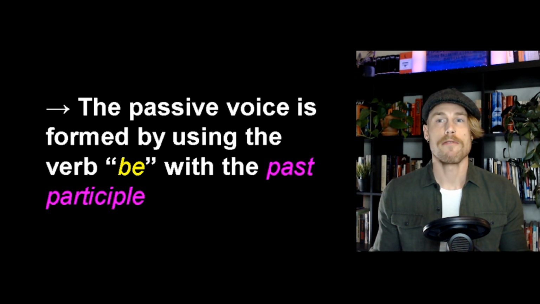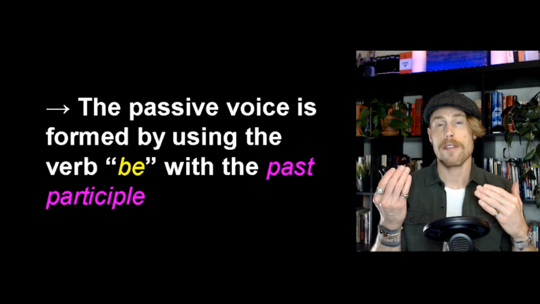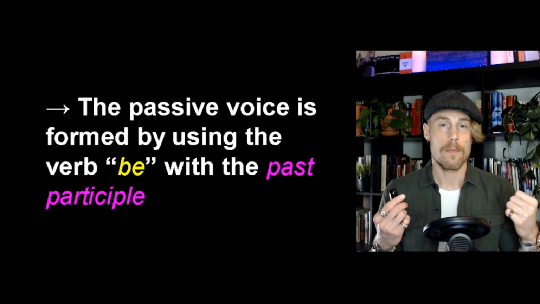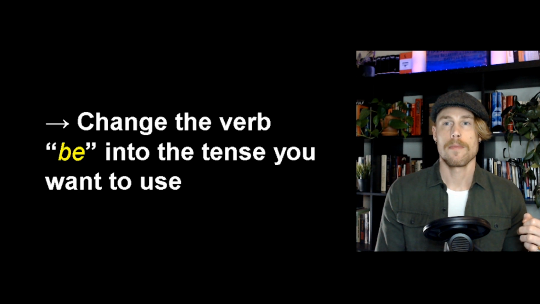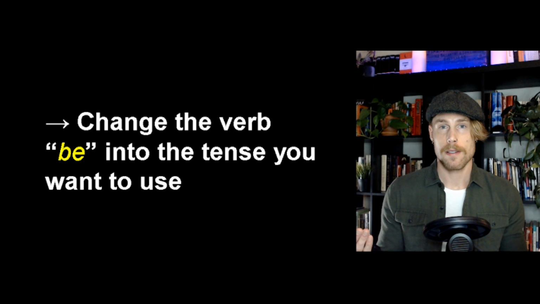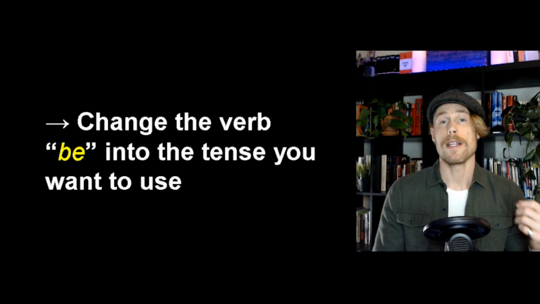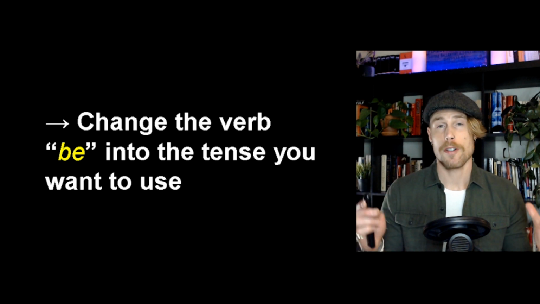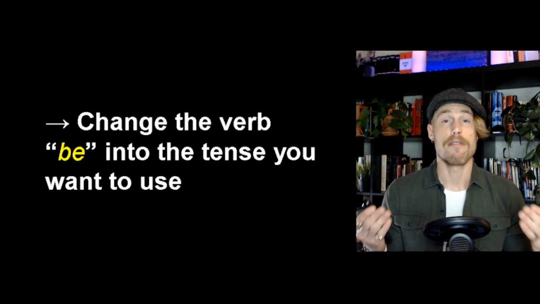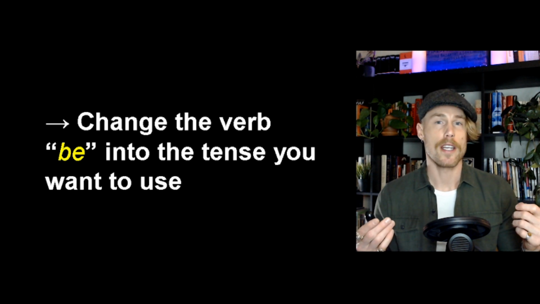The passive voice is formed by using the verb be with the past participle. Change the verb be into the tense you want to use. I go into this in much more detail in my video about passive voice. You can watch that video here.